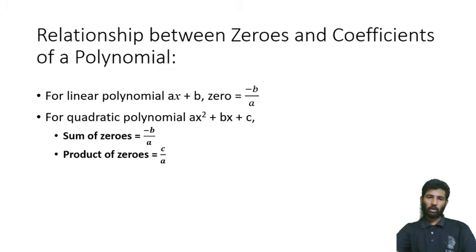Now coming to a quadratic polynomial, the relationship is a little bit different. The sum of the zeros is minus b by a and the product of zeros is c by a.